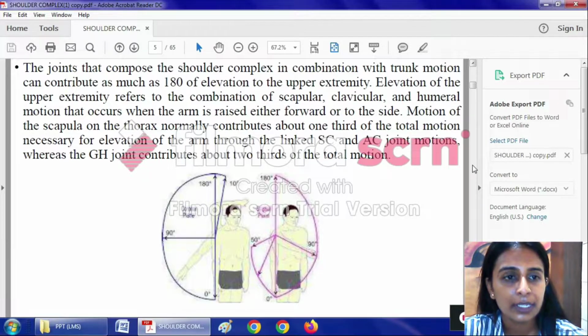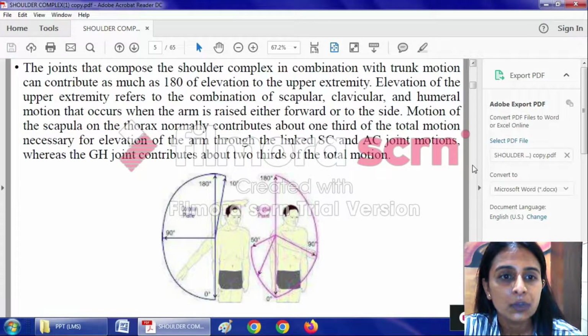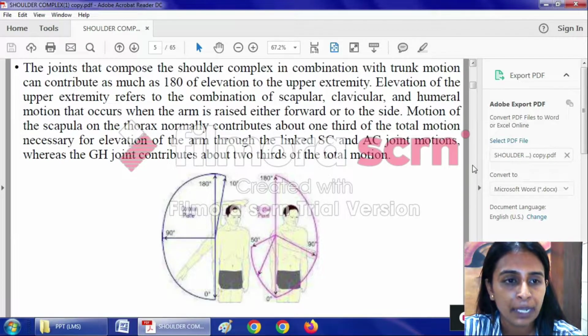The joints that compose the shoulder complex, in combination with trunk motion, can contribute as much as 180 degrees of elevation to the upper extremity. Elevation of the upper extremity refers to the combination of scapular, clavicular and humeral motion that occurs when the arm is raised either forward or to the side.